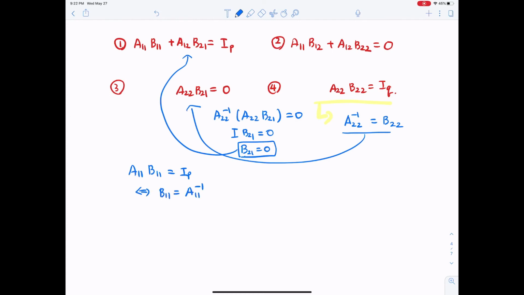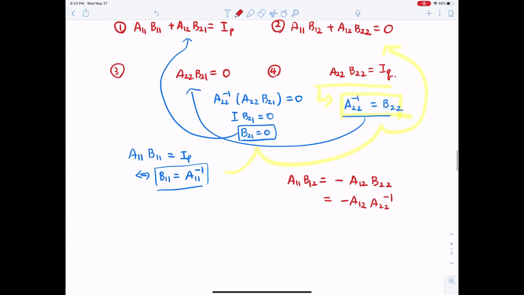Lastly, if you use all these things in the second equation, it tells you that A11 B12 equals negative A12 times B22. Here we know that B22 is A22 inverse, so this equals negative A12 A22 inverse.